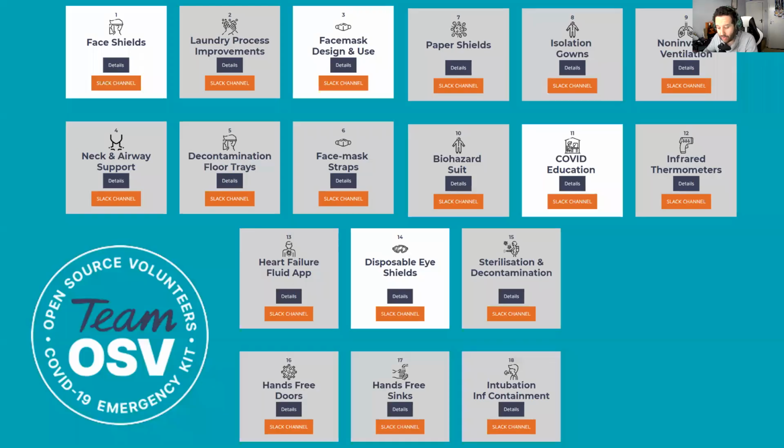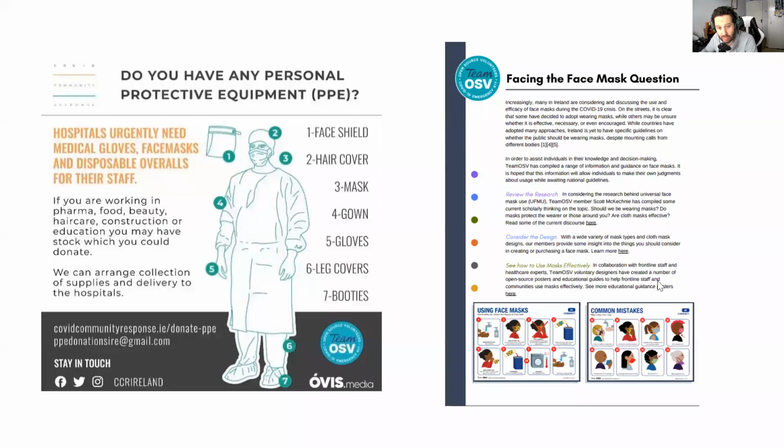We had another channel as well called OSVX, and that was looking at everything that was needed but wasn't a ventilator. So things like face shields, face masks, biohazard suits, disposable eye shields, educational content. A load of volunteers worked on great projects like that.